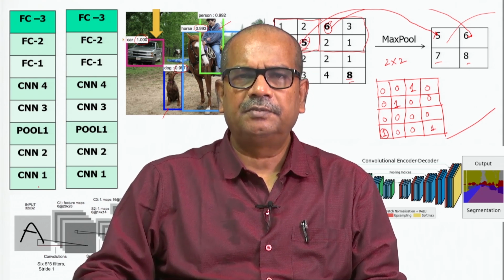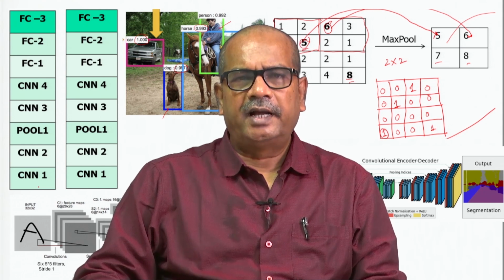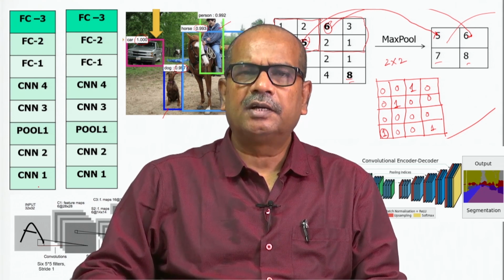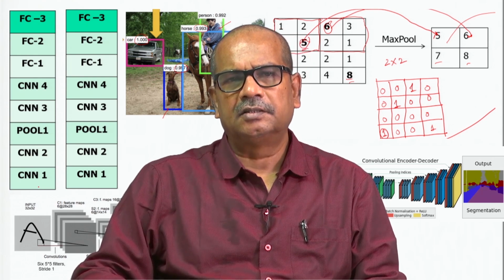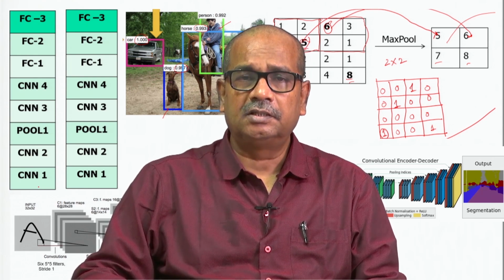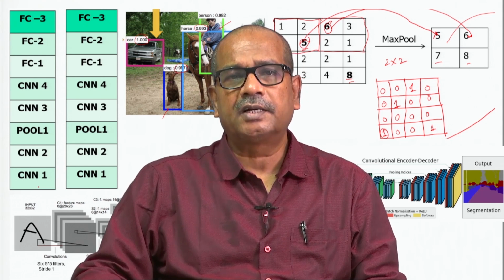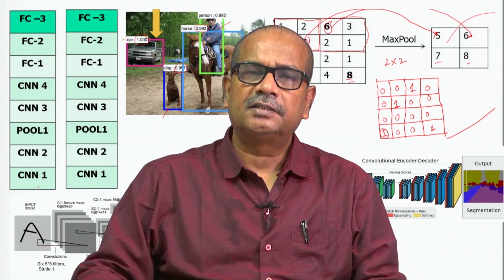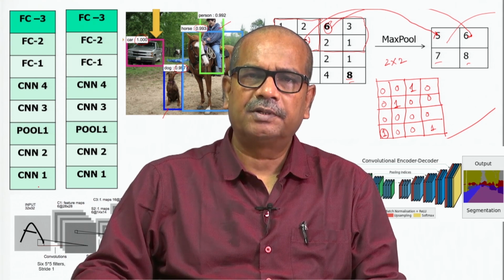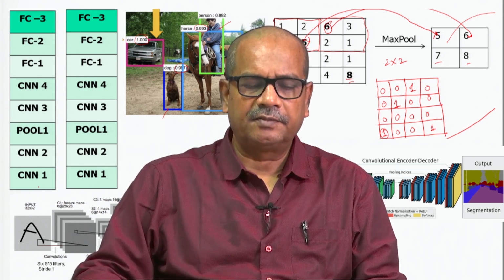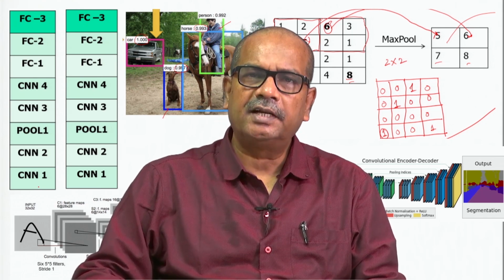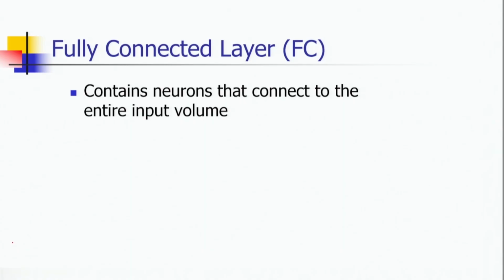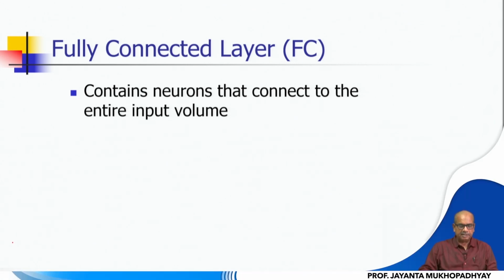It's once again like a feed-forward neural network. At the end of this processing, we get a feature representation, which is further fed into the classifier. Again, it is the same form of artificial neural network we discussed earlier, the fully connected feed-forward neural network. So this layer is called the fully connected layer, and it performs the classification task.